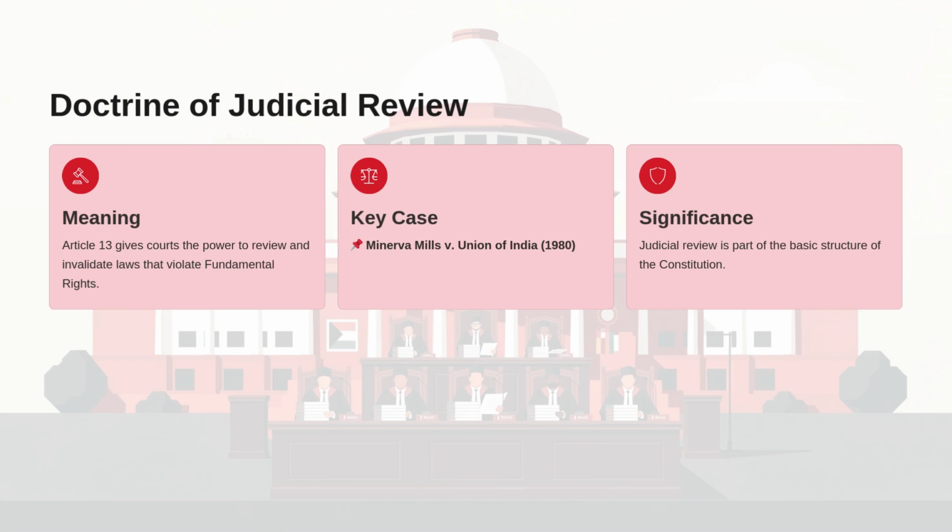This power of the courts to declare laws violative of fundamental rights is the power of judicial review. And the power of judicial review is a part of the basic structure of the Constitution that cannot be destroyed or taken away through amendments. So, this is the concept of judicial review.